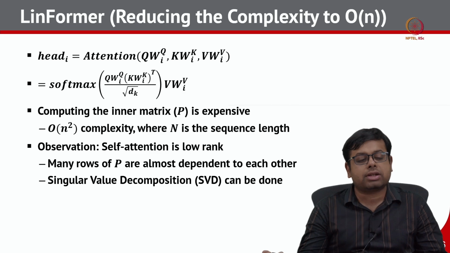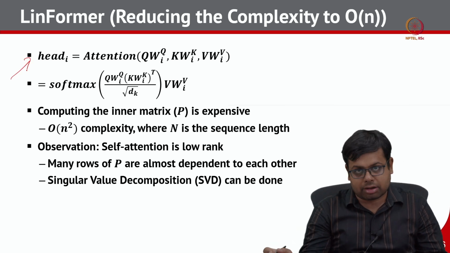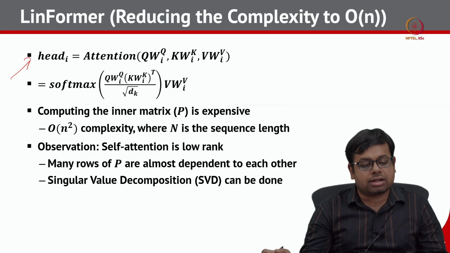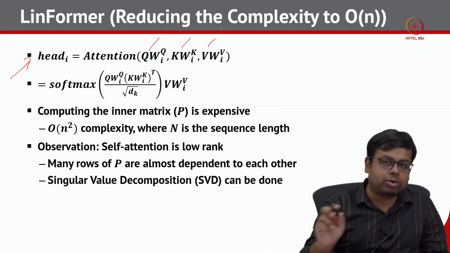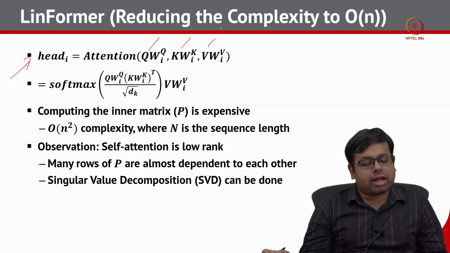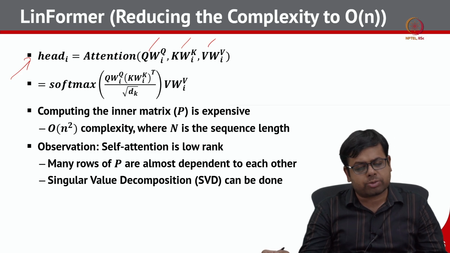So Linformer is one of the techniques which reduces the complexity of attention to order of n. If you remember, when we compute one attention head, it is attention of QW_Q, KW_K, VW_V, which is softmax of QW_Q times (KW_K) transpose over square root of d_k, multiplied by VW_V.